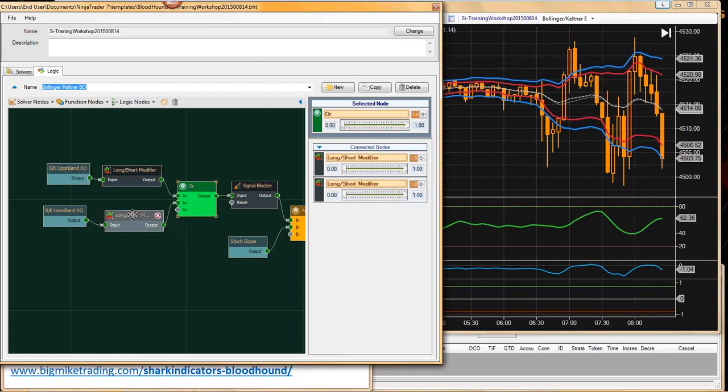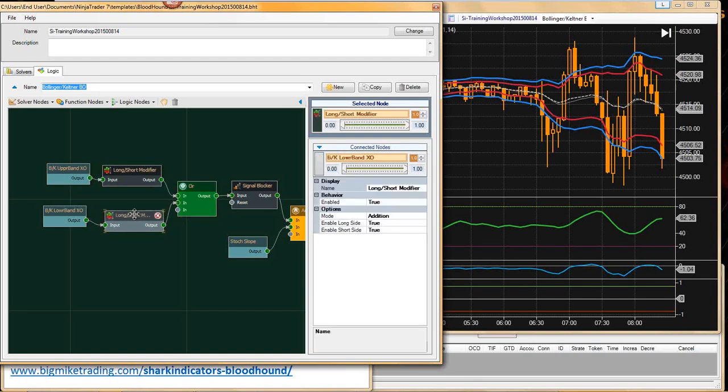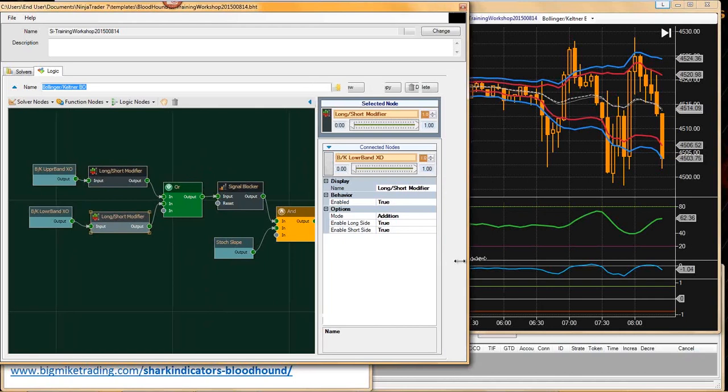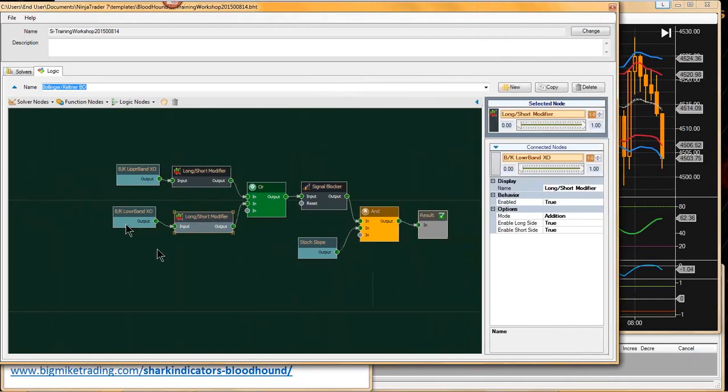And if you want to optimize this, I could even further optimize this. The fewer nodes that you use, clearly the more optimized your system is, and the faster it runs.